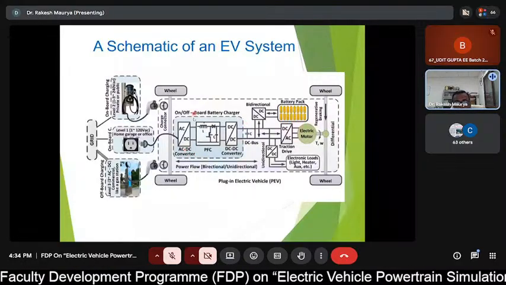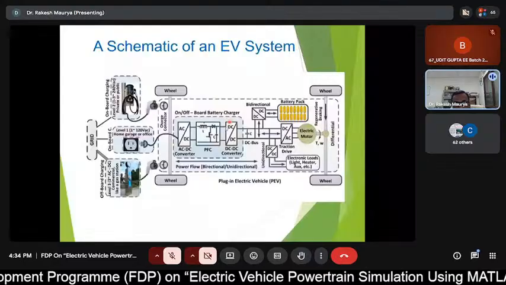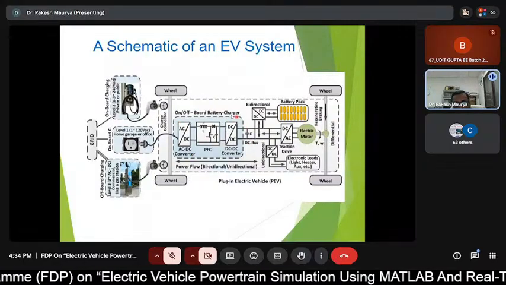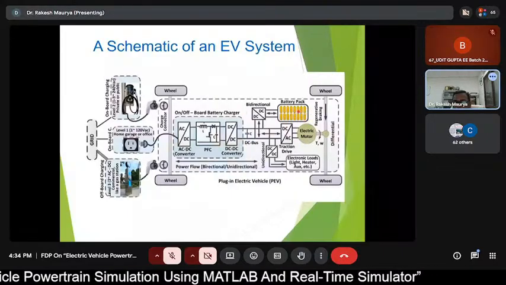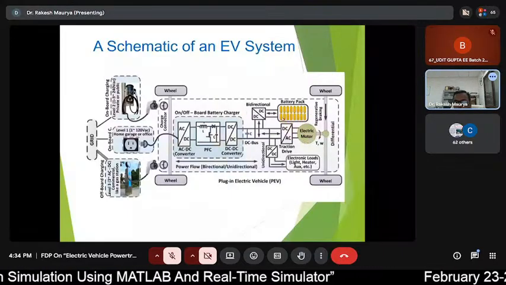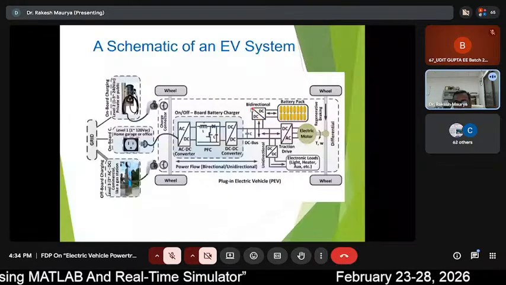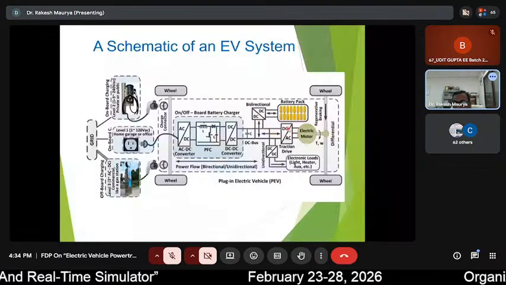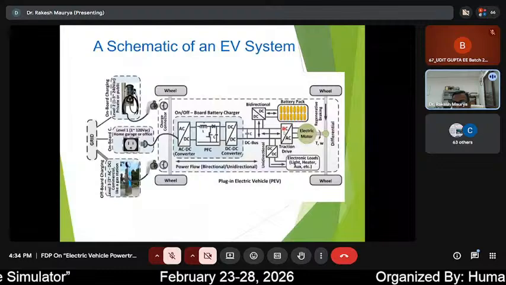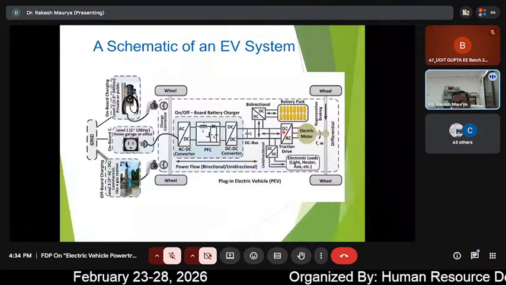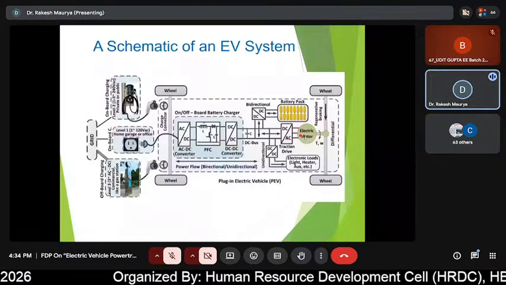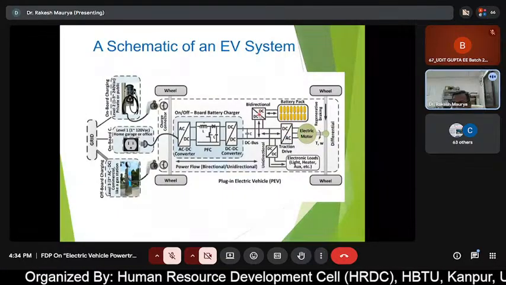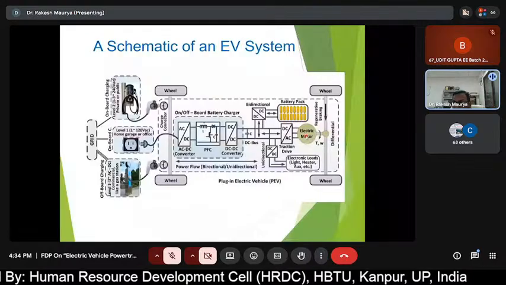When the vehicle is running on the road, the use of the onboard charger is probably nil, and the battery is providing energy to the motor through a bidirectional DC to DC converter, and the traction drive, which we call the voltage source inverter, and the motor. So the flow of power is from battery to DC to DC converter, then VSC, and then motor.